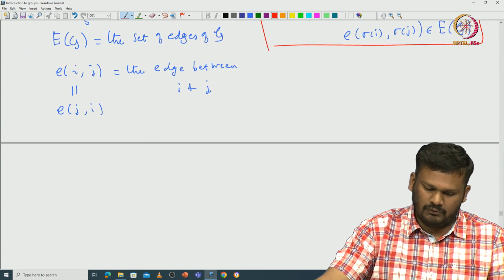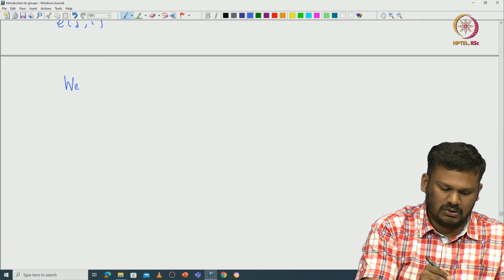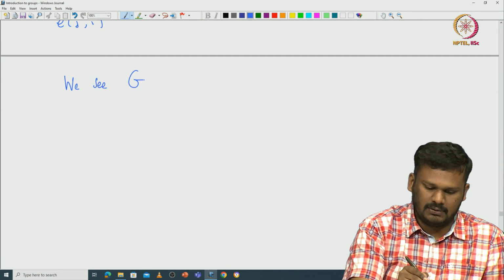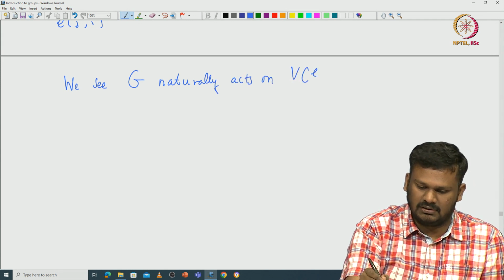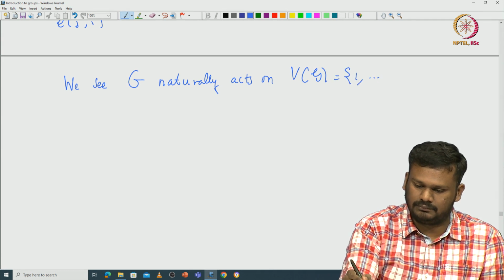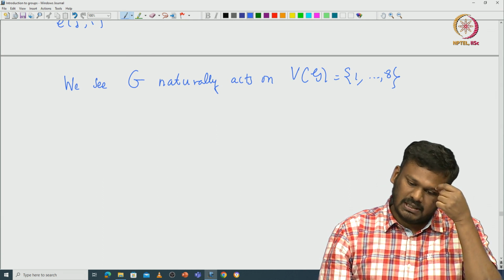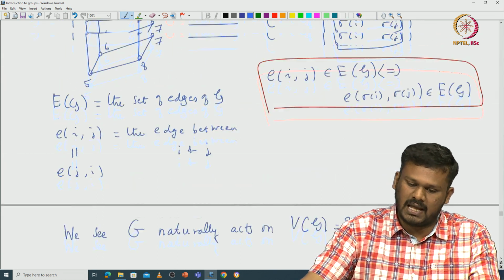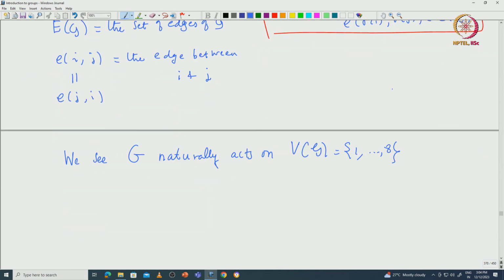So, now what we will do is make this group act on these vertices. So, G naturally acts on this vertex set 1 to 8. Because we are taking all possible automorphisms of G, this action is again just by permuting.